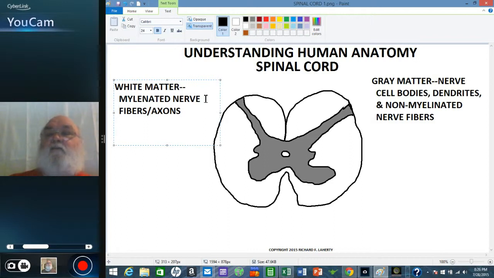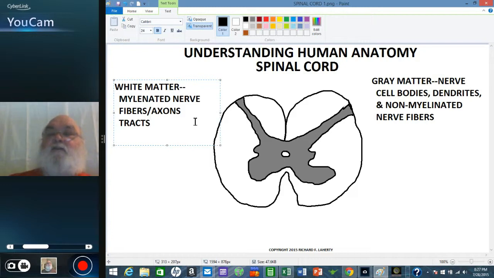This is the area in which we find tracts. And tracts are just bundles of axons, bundles of nerve fibers that are running from one specific place in the central nervous system to the other.